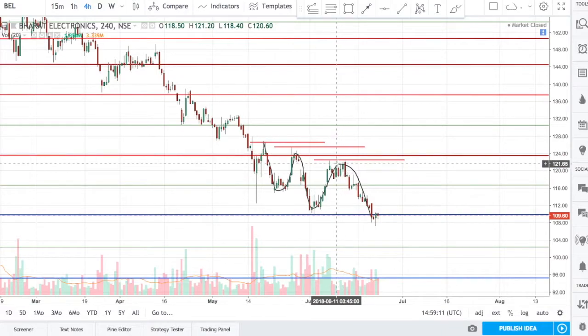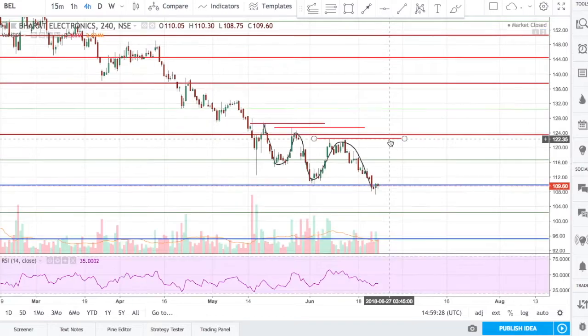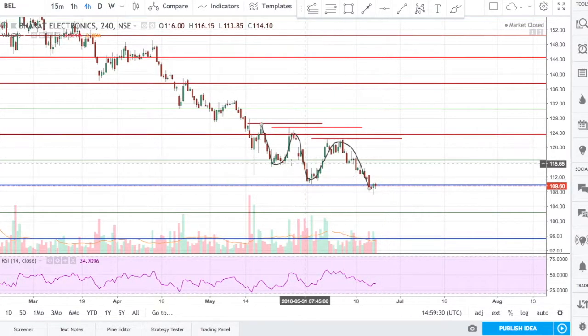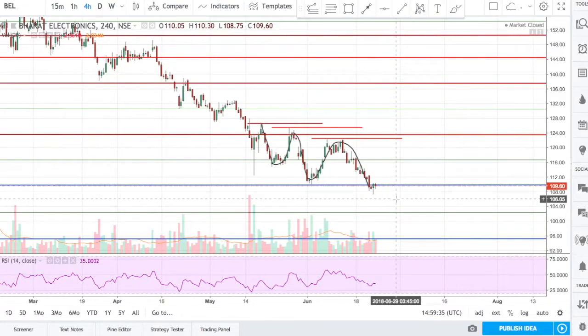previous highs. Okay, that suggests the sellers are active at these higher levels. However, on the other hand, RSI divergence at these lower lows suggests that the downside is also limited.